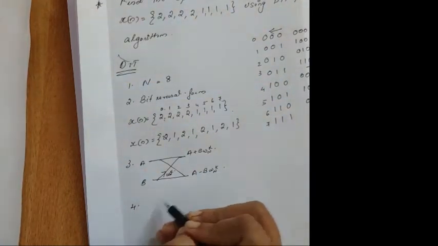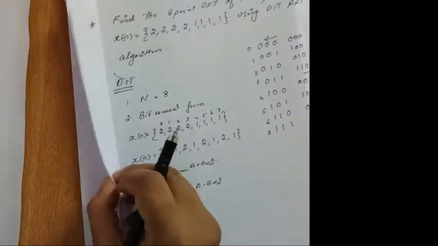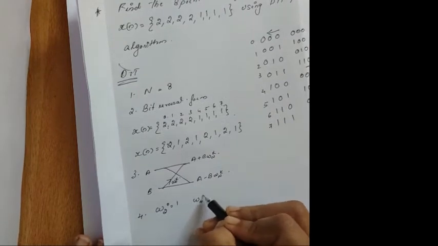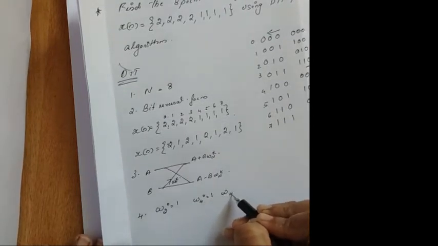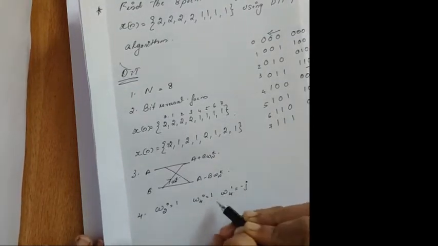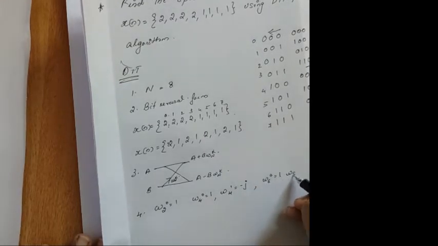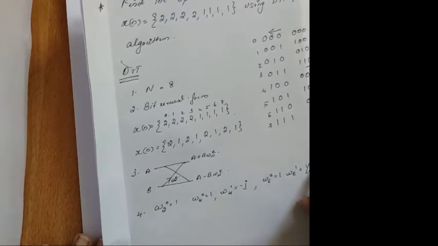The fourth operation is the twiddle factors that we are going to use. Omega 2 power 0 is equal to 1. Omega 4 power 0 is equal to 1. Omega 4 power 1 is equal to minus j. Omega 8 power 0 is equal to 1. Omega 8 power 1 is equal to 1 by root 2 minus j 1 by root 2.